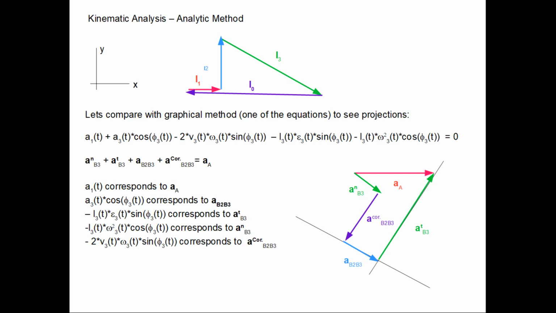We have 2, we also have the relative velocity v3 of t, and we have the angular velocity omega 3 of the rotating frame of reference.